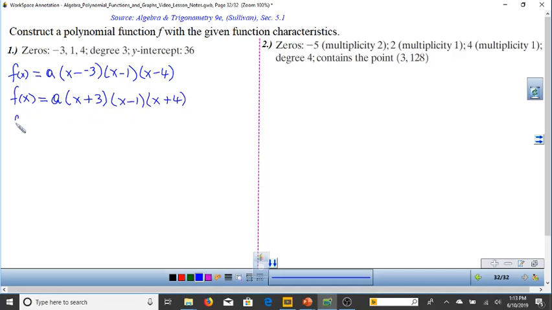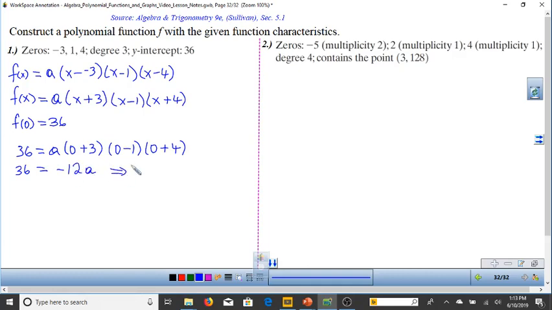Now we also know that the y-intercept is 36. So when I plug in 0 for x, I get 36 for y. So I can then say 36 is equal to a times 0 plus 3 times 0 minus 1 times 0 minus 4. When I work that out, I can now figure out what a is. 3 times -1 times -4 is 12, and then multiplied by a.